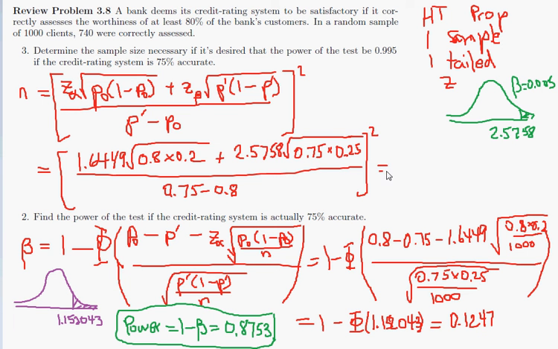And doing the arithmetic, this works out to be 1,257.85. And so we'll round up to let n be equal to 1,258. And so we've already done 1,000. If we had a sample size of 1,258, then the power of the test would be 99.5% as opposed to only 87.5% with a sample size of 1,000.